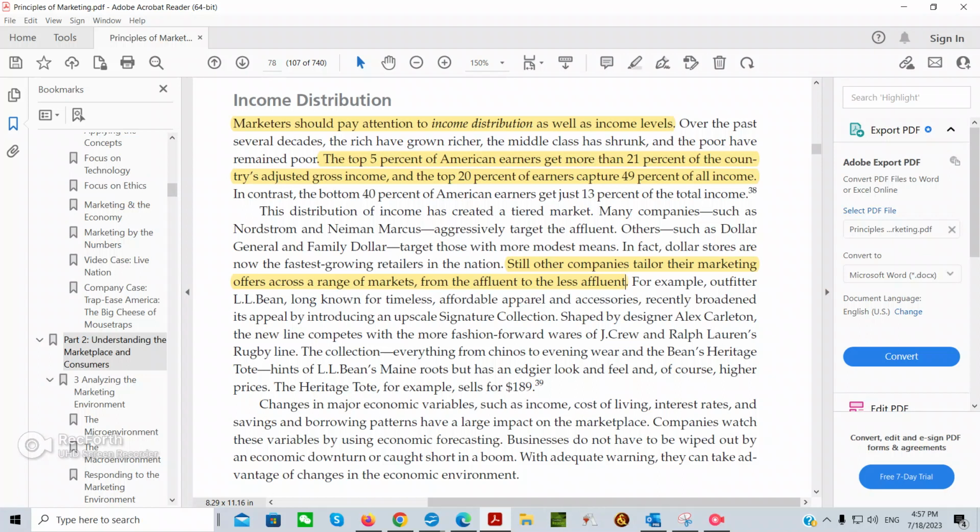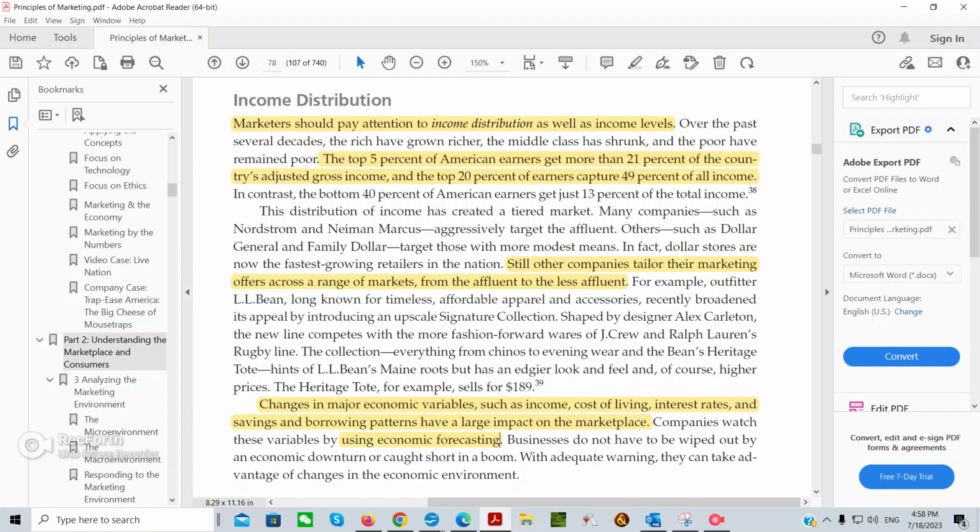And changes with major economic variables such as income, cost of living, interest rates, and savings and borrowing patterns have a large impact in the marketplace. Let's look at that premise here. Now, companies watch these variables by using economic forecasting.